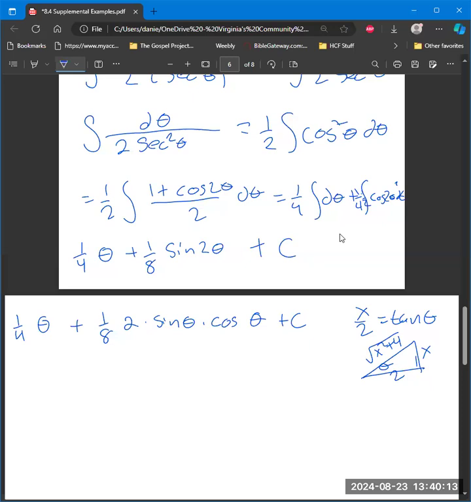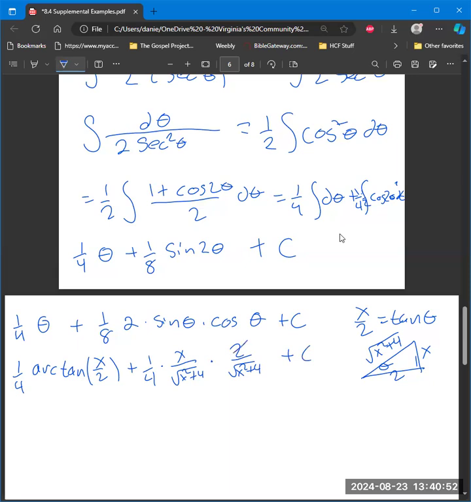And so we have 1/4 arc tangent of x over 2 plus 1/4 times sine, x over square root of x squared plus 4, times cosine, 2 over root x squared plus 4, plus c.